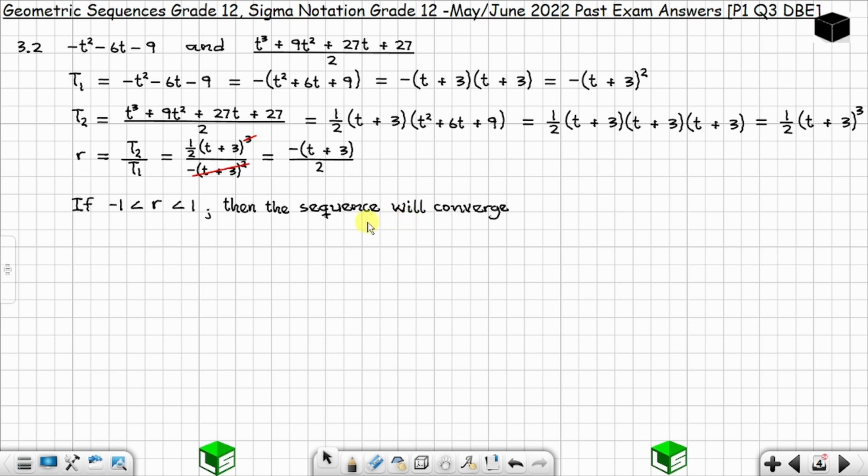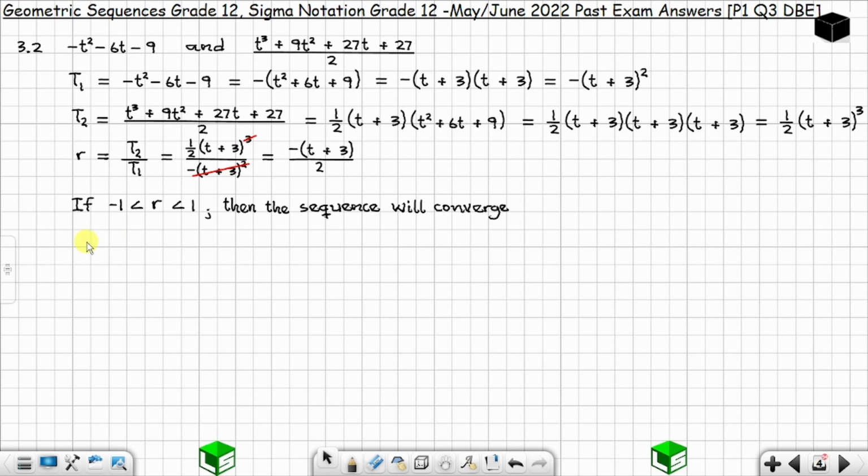So from here you can see we have to get our r in between there, and from there you can solve for t. Okay, so you are going to have an inequality. Okay, let's get our r in between there.